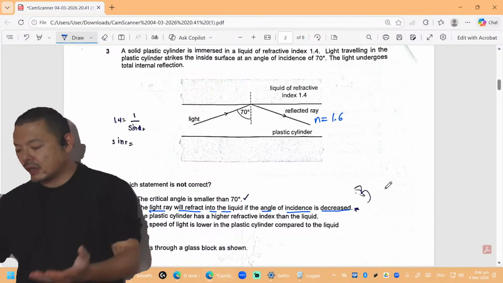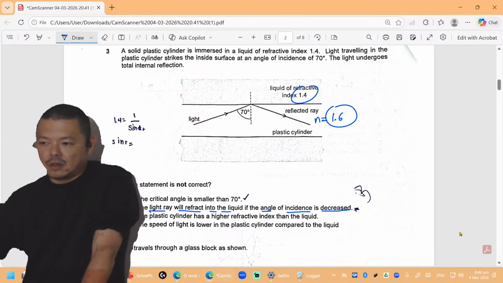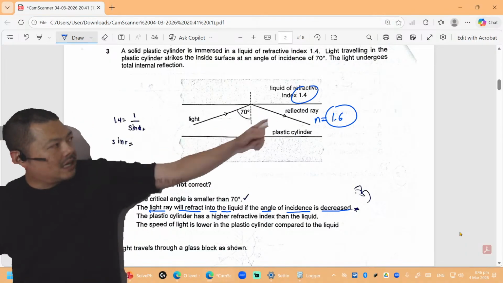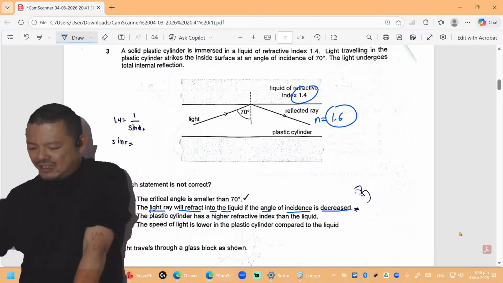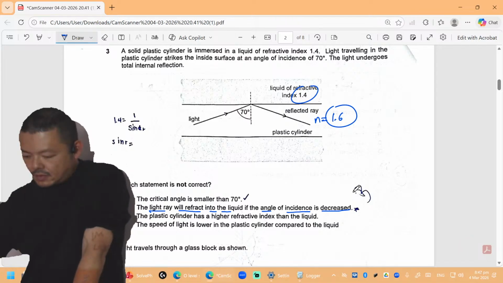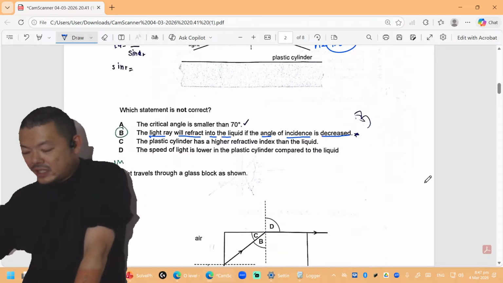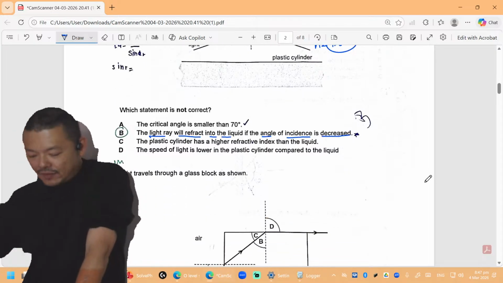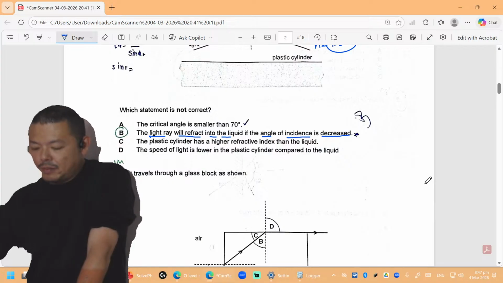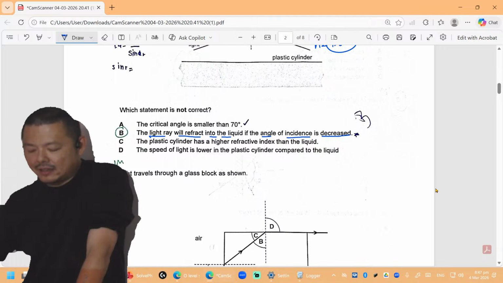Furthermore, you don't even know how to calculate the critical angle between 2 non-air mediums, where one is 1.4 and the other is 1.6. So this question is a little bit fair and unfair at the same time. It's not really tough, because if you can identify that A, C, and D are definitely right, then B is the only answer you can choose.